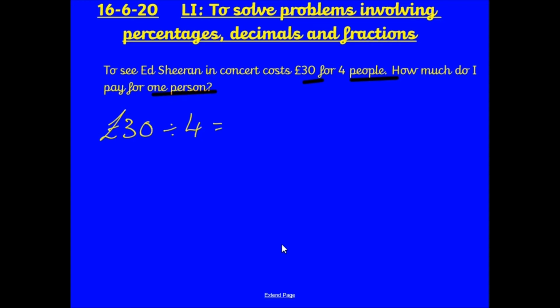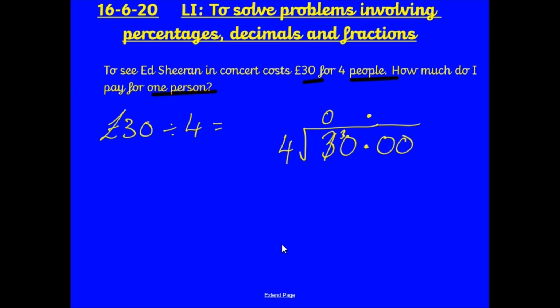For this one, I'm just going to use the bus stop method just to confirm that I am correct. So I've got £30 divided by 4. Now I'm going to put in my decimal places straight away so I can go into there if I need to. So 3 divided by 4 can't be done equally, so I will carry that 3 across there. 30 divided by 4: 4, 8, 12, 16, 20, 24, 28.